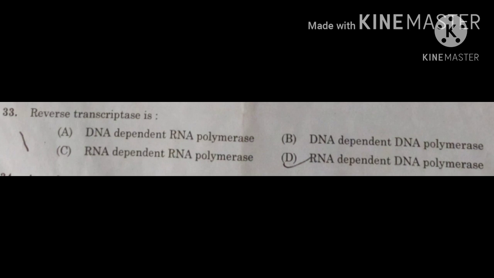Then DNA synthesizing enzymes are known as DNA polymerase. In reverse transcription, DNA is synthesized by DNA polymerase by looking at what? RNA. Hence, the key enzyme of reverse transcription is RNA dependent DNA polymerase. It is also known as reverse transcriptase.